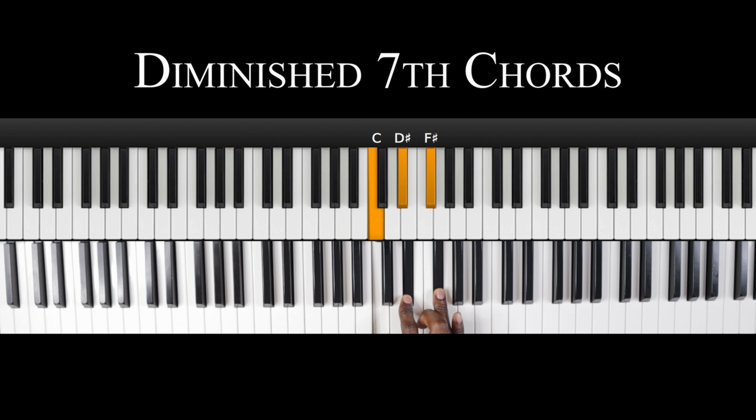But if we're looking at C diminished seventh, we're going to add the seventh. This is C fully diminished seventh, because even the seventh note is diminished. Now, if you look at this, you will see that there are three minor thirds stacked on top of each other.